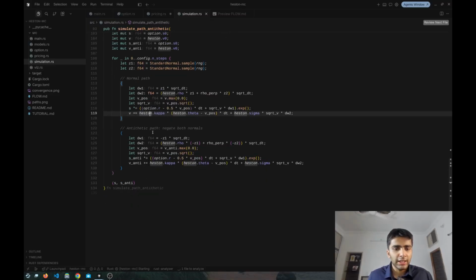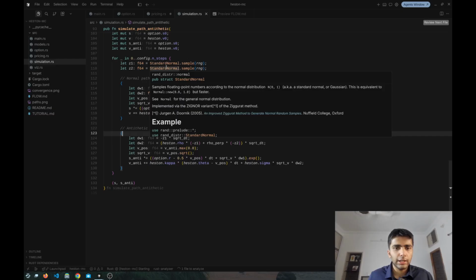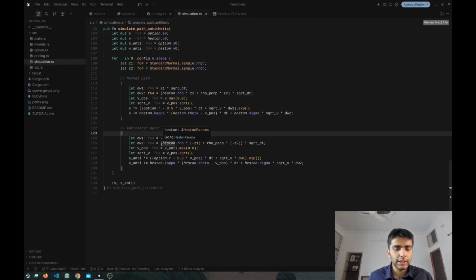Okay, and similarly for the antithetic, everything remains the same. We just negate, or add a negative sign to, the standard normal distributions that we generated initially, and it will generate a mirror imaged path.